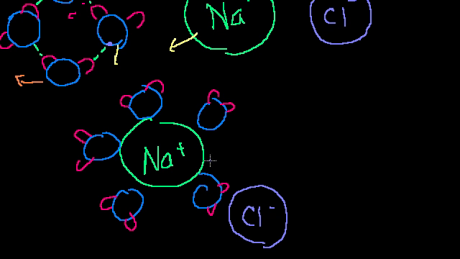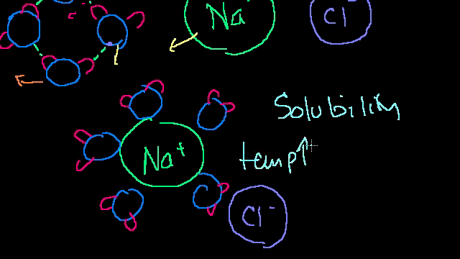So in general, if you think about solubility of a solute in water, or especially if you think of a solid solute, which is sodium chloride, into a liquid solvent, then the higher the temperature while you're in the liquid state, the more of the solid you're going to be able to get into the liquid, or you're going to raise solubility. So temperature goes up, solubility goes up.